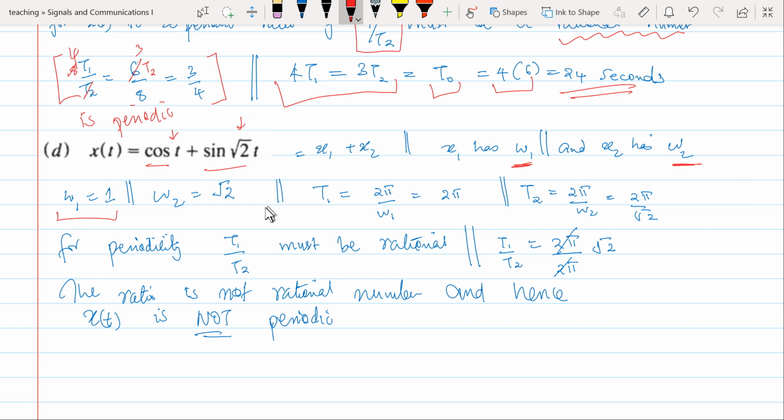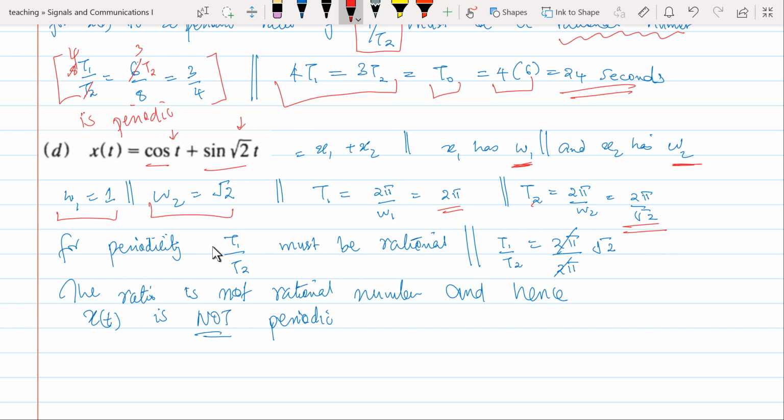The coefficient of t here is root 2, and therefore our omega 2 is root 2. To determine our period T1, we say 2 pi over omega 1 gives us 2 pi, and the period from omega 2 is 2 pi over root 2.